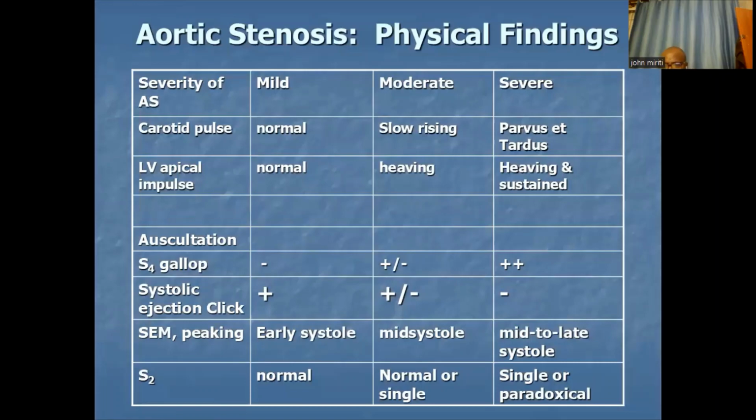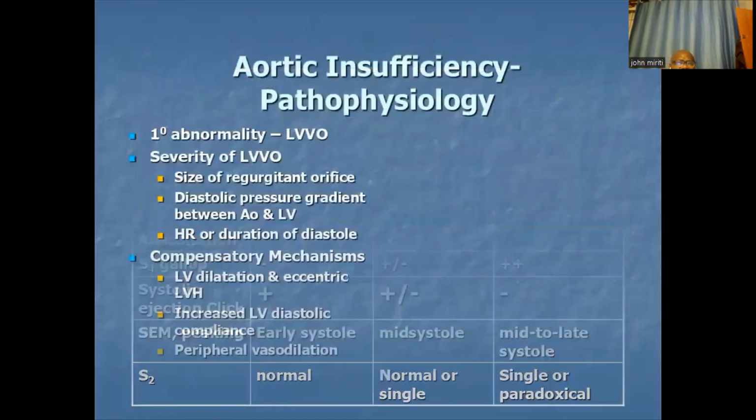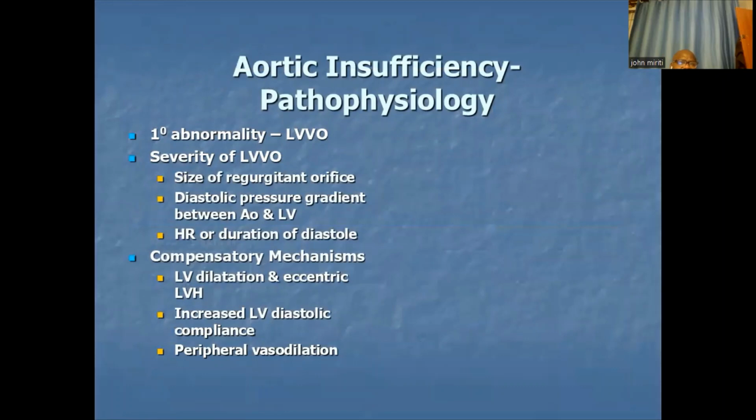So aortic insufficiency, let us look at its pathophysiology. The primary abnormality is left ventricular volume overload. The severity of volume overload is determined by the size of the regurgitant orifice, the diastolic pressure gradient between the aorta and left ventricle, heart rate, and duration of diastole.